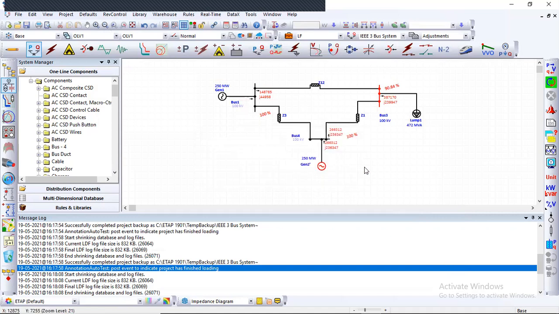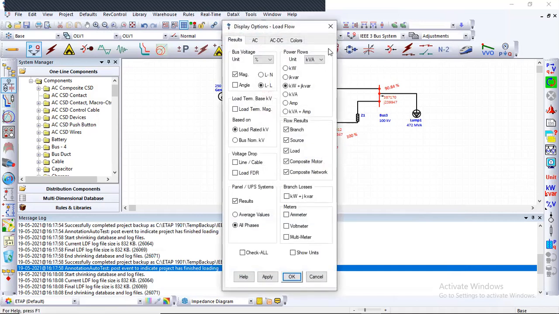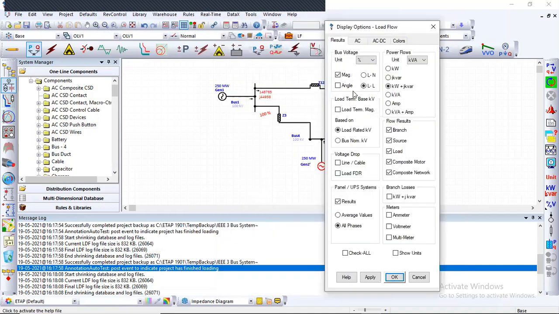Moving towards the next aspect, the display option, in which all the relevant data parameters can be seen and arranged. You can see them by checking all the parameters, but there is a warning.